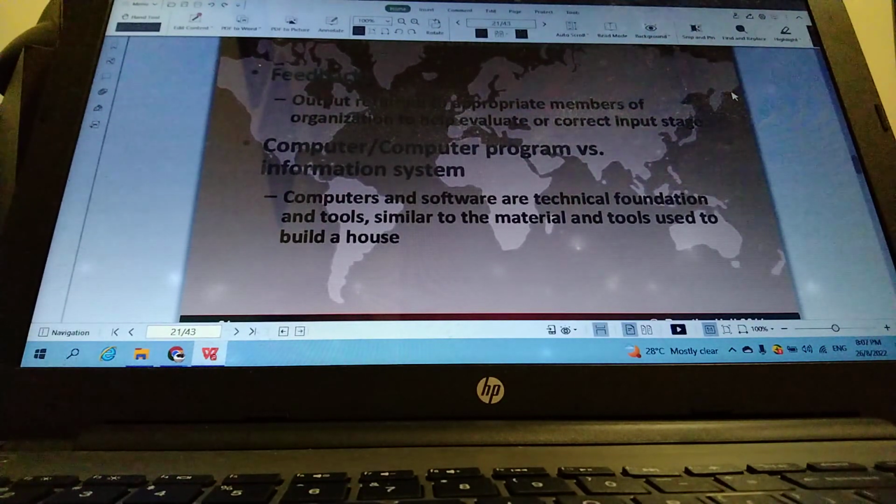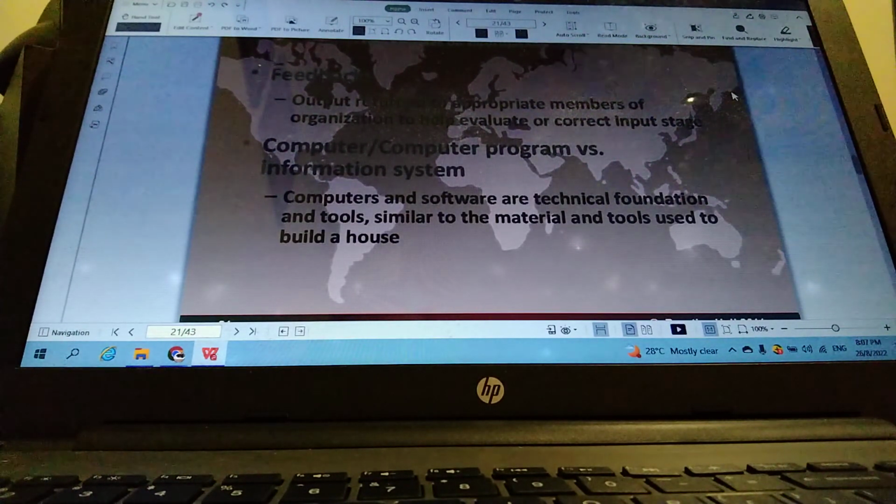Along with the three main activities, we also provide the IT system with the capability to accept feedback and feed it back into the system. That means output is returned to appropriate members of the organization to help evaluate or correct the input stage.